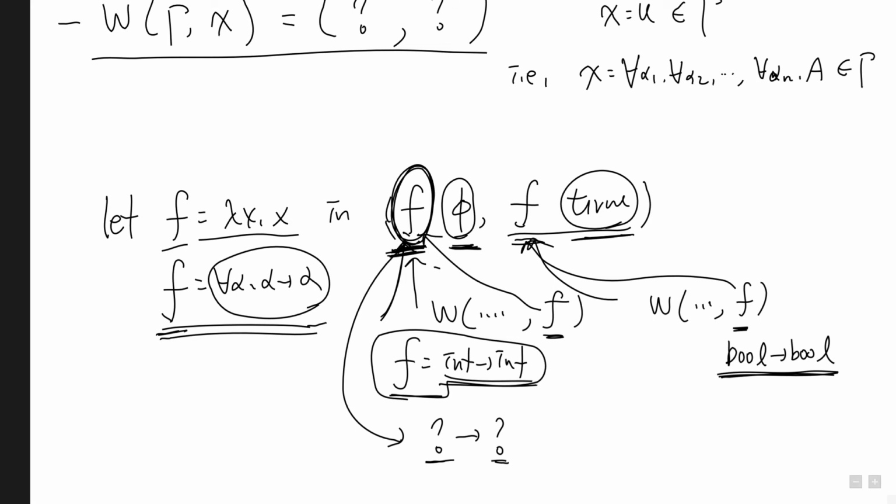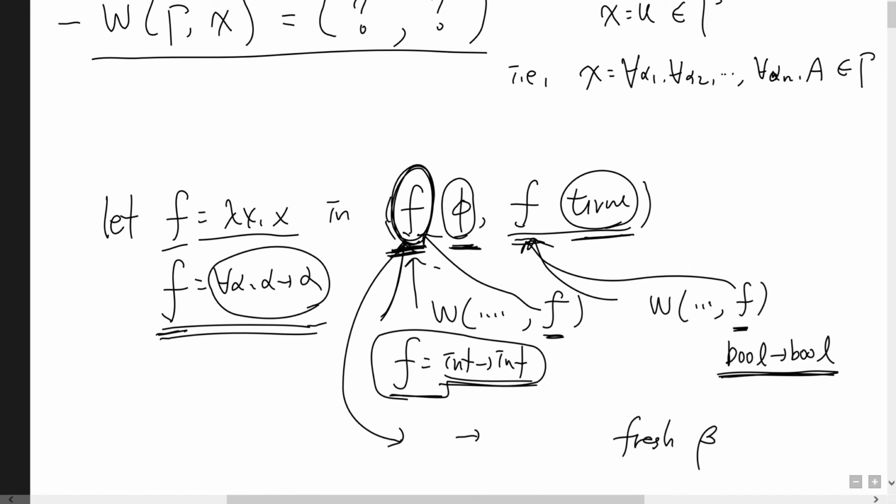So what we do is to introduce a fresh type variable, let's just say a beta, and then assign beta arrow beta here. And later, we will compare the type variable beta with the type of the actual argument int.